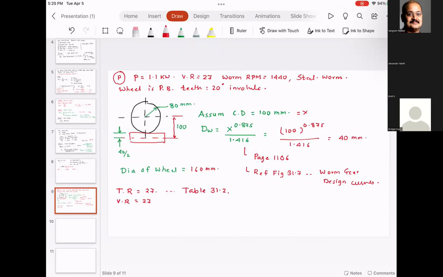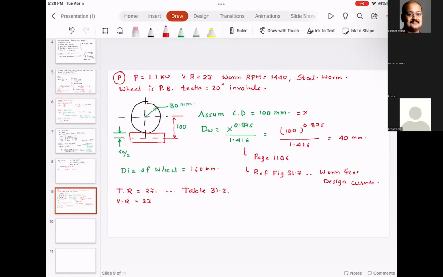Typically, if the velocity ratio is very high, you use a single start worm. When the velocity ratio is between 12 to 36, you have a choice to go to a double start worm. If your velocity ratio is between 8 to 12, you can use a triple start worm.